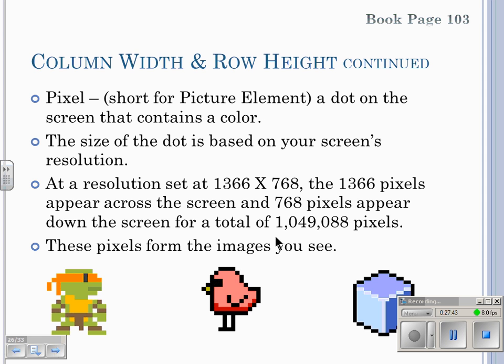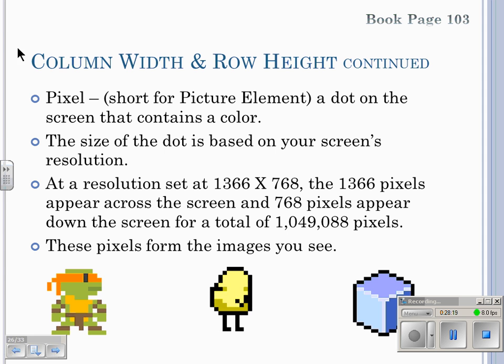Your column width and row height continued. Pixel, which is short for picture element, is a dot on the screen that contains a color. The size of the dot is based on your screen's resolution. At a resolution set at 1366 by 768, the 1366 pixels appear across your screen, left to right, and the 768 pixels appear down the screen.